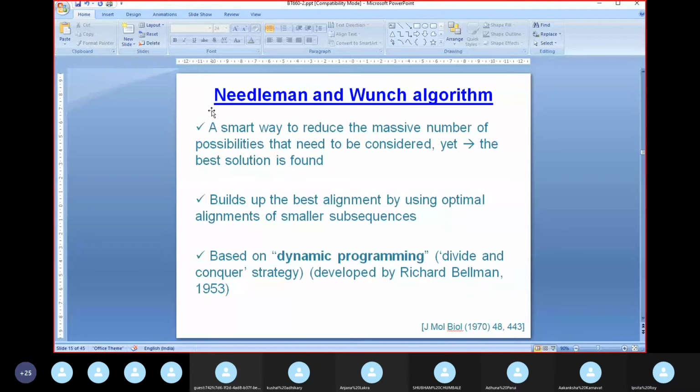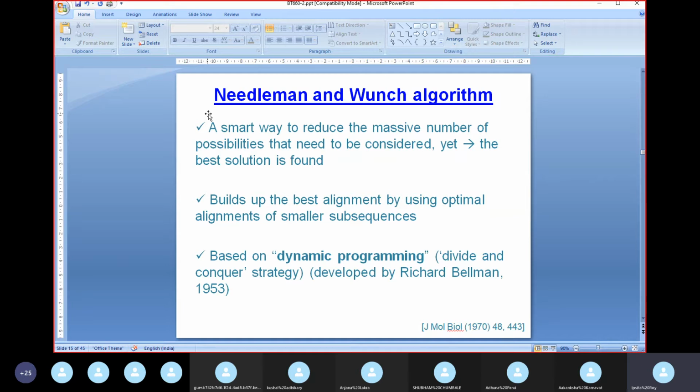The Needleman-Wunsch algorithm is based on something called dynamic programming. Again, we will not go into details, but what dynamic programming does is it breaks down the problem into smaller overlapping pieces. We are talking of a long polypeptide chain.